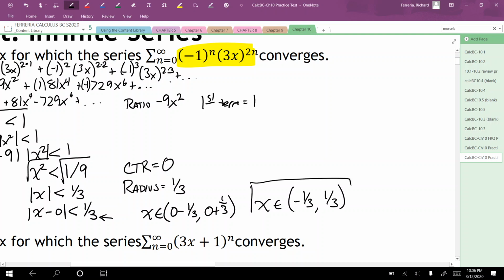So that would be what we're looking at as our answer for the interval of convergence, or all the x's where this series converges.